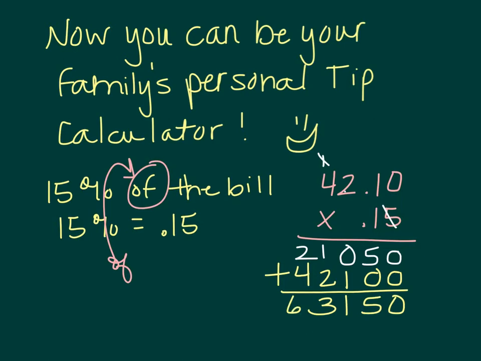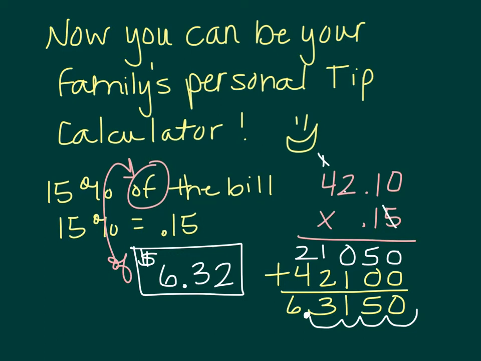0.51336 is the product. We'll come back up here and look at the decimal places. There's 1, 2, 3, 4 numbers after the decimal, so our decimal will go between the 6 and the 3. A good tip, if you're going to leave 15%, would be $6.32, because you want to round to the nearest hundredth.